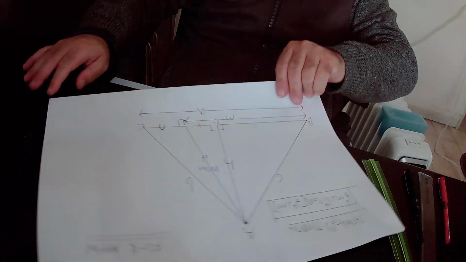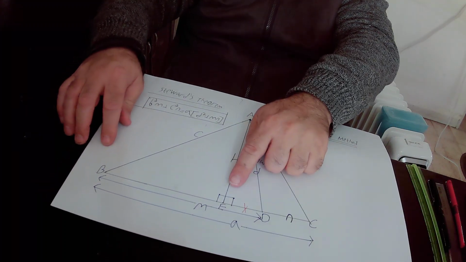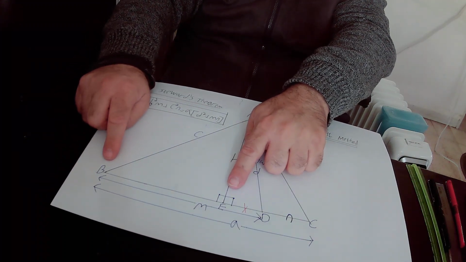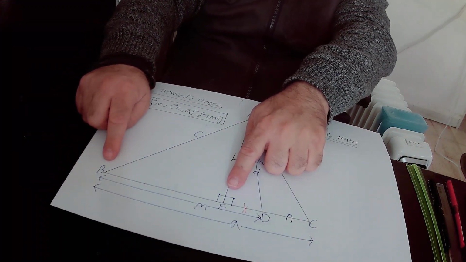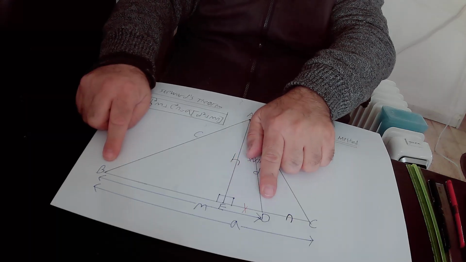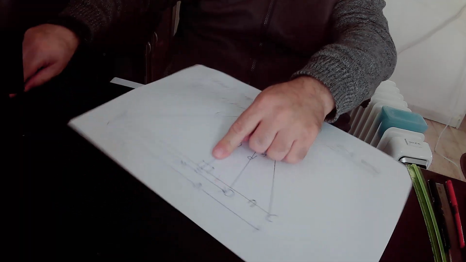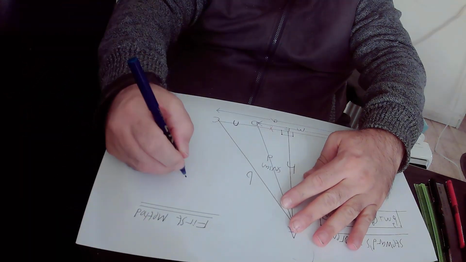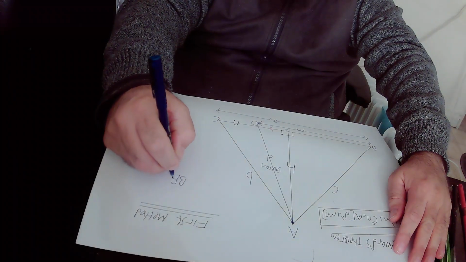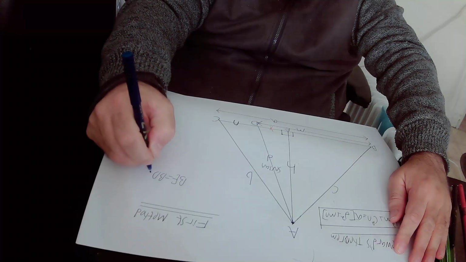And what is the length of line segment BE? From the drawing it is very easy to see that the length of this line segment BE is equal to BD minus ED. Again, BD minus ED equals BE. I'll write it down. BE equals BD minus ED.